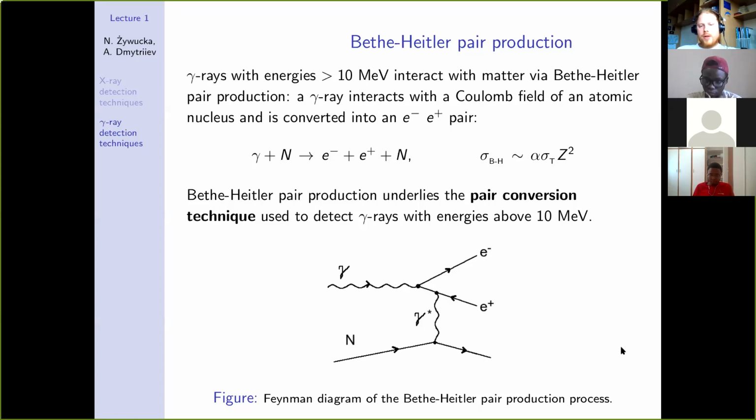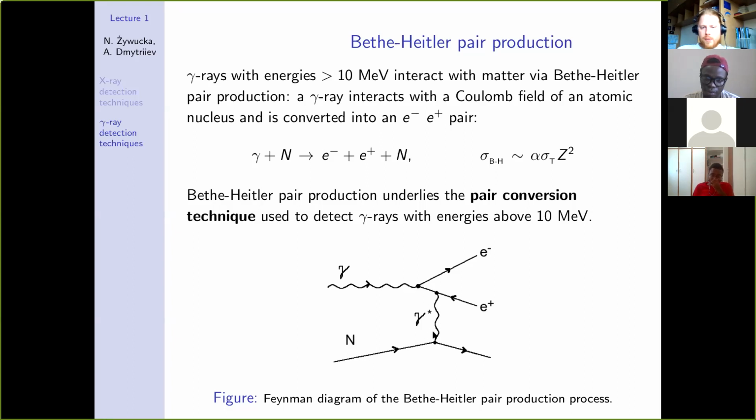And the rules of quantum electrodynamic perturbation theory say that the cross-section of the process is proportional to the fine structure constant, which is the electromagnetic coupling constant, to the power of the number of vertices. So if it's Compton scattering, you have only two vertices, so you've got alpha squared, which is sigma Thomson.